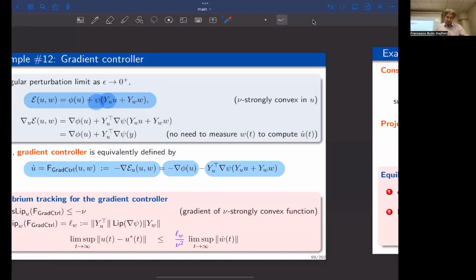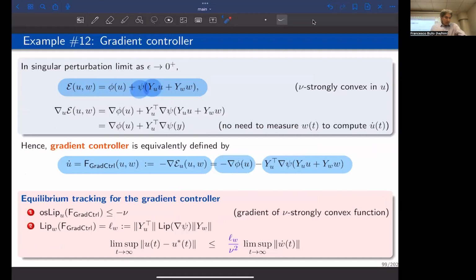Okay, fine. Mystery resolved. But now, let us make an assumption. The assumption is that I need to have a contracting system. To have the gradient be contracting is the same as asking that the function E, as a function of U, is strongly convex.